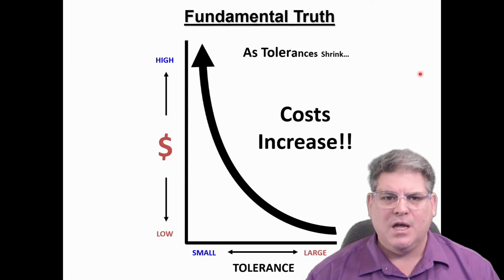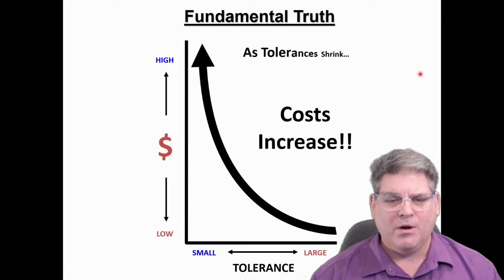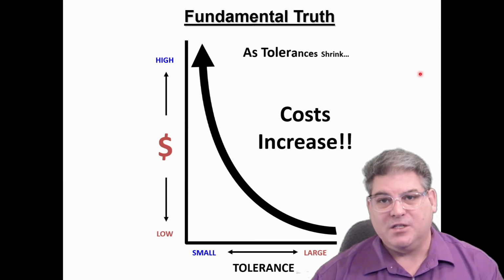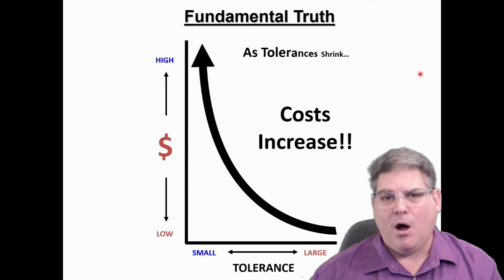Another great analogy is if I ask you to find me a rock, and I don't care what kind of rock it is, where it came from, or what size it is, it's going to be a very simple task to just go out in the yard or driveway and pick up a rock.